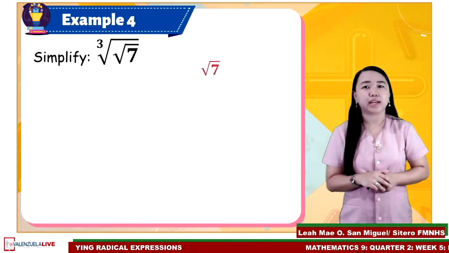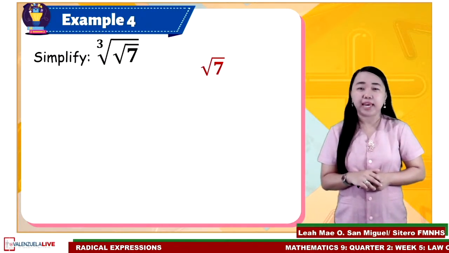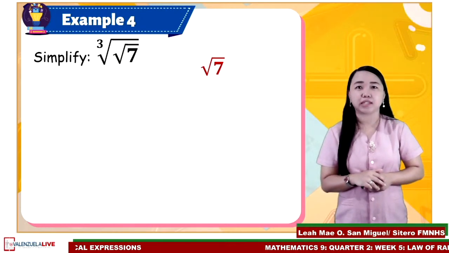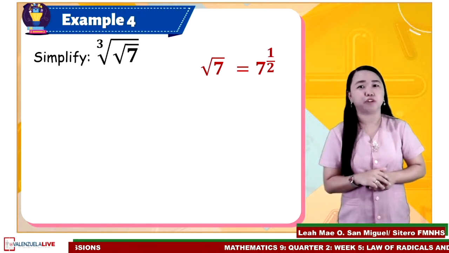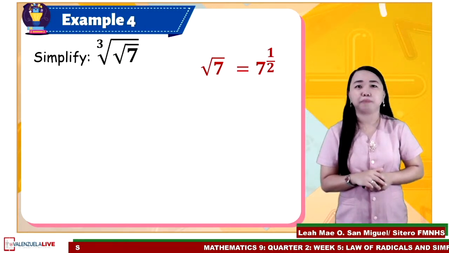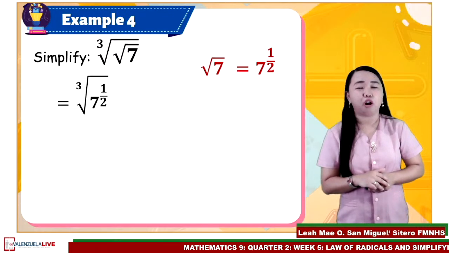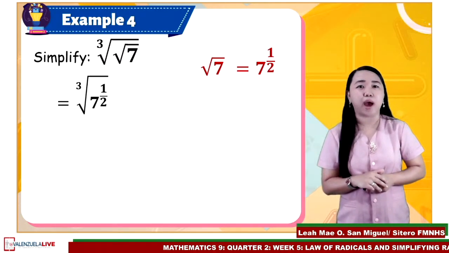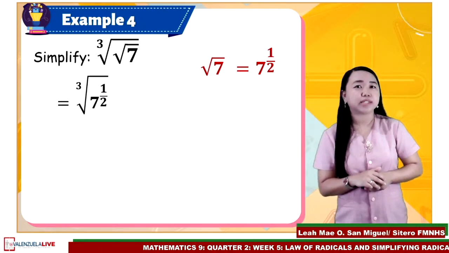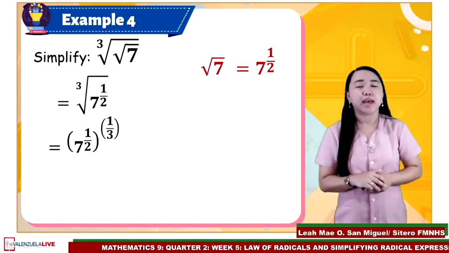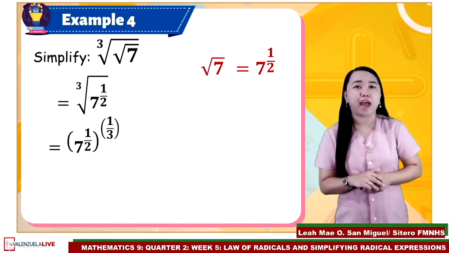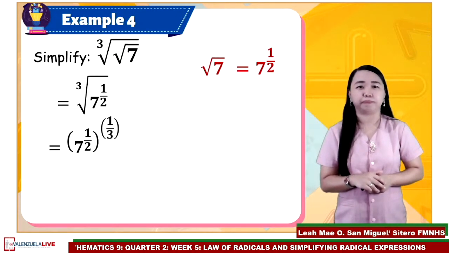For the radicand square root of 7, it can be expressed as 7 raised to 1/2 in exponential form. So the radical becomes cube root of 7 raised to 1/2. Expressing this radical to exponential form, it becomes 7 raised to 1/2 raised to 1/3.